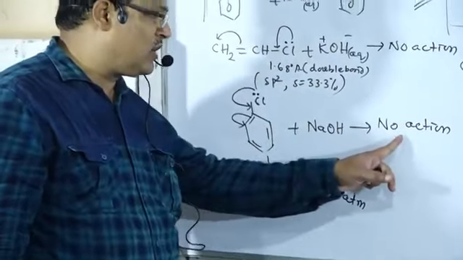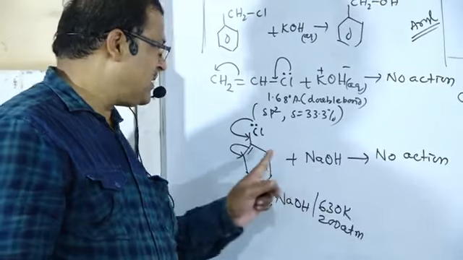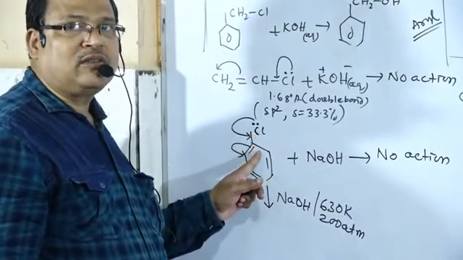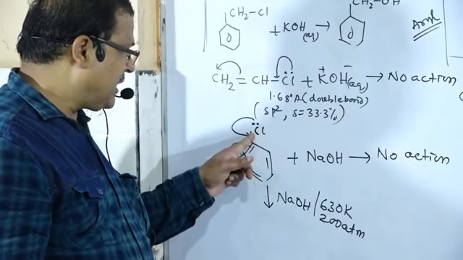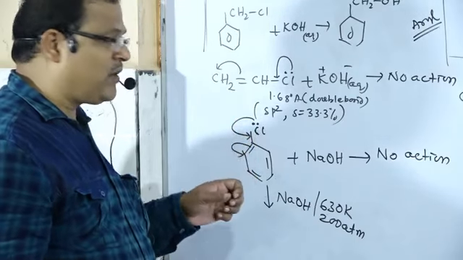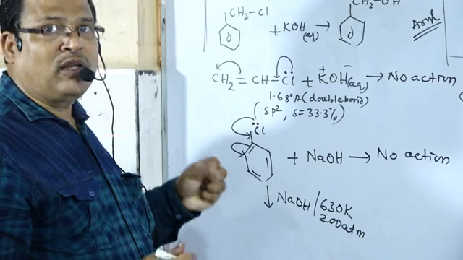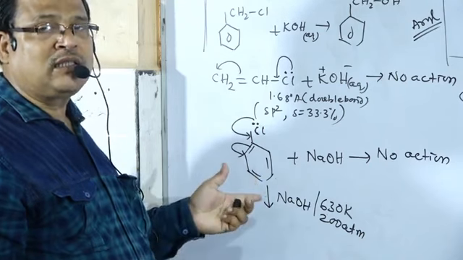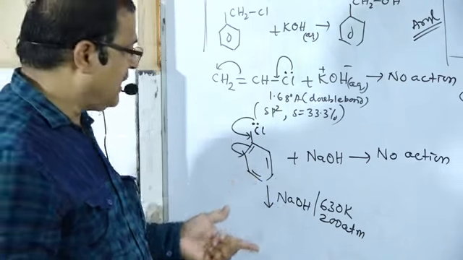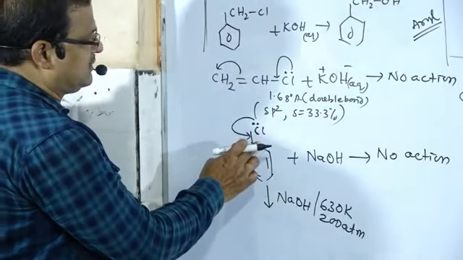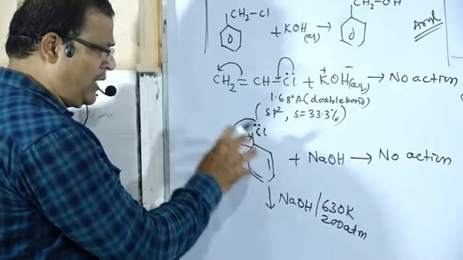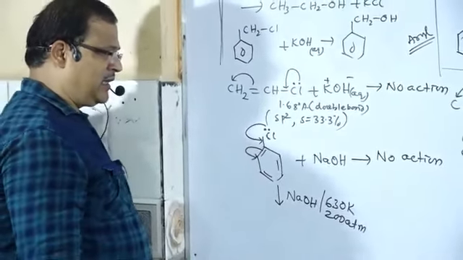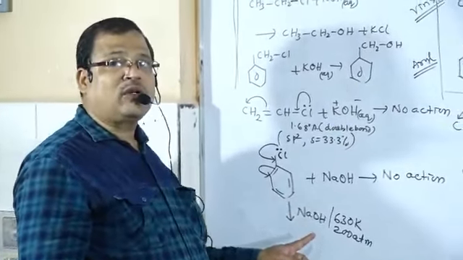Normally this reaction does not occur because the chlorine atom is inert. Why is it inert? Because of resonance there is development of carbon-chlorine double bond character, bond strength increases, bond length decreases, and the s character is more, about 33.3%. But if you want to carry out that reaction, it will be carried out under drastic condition.